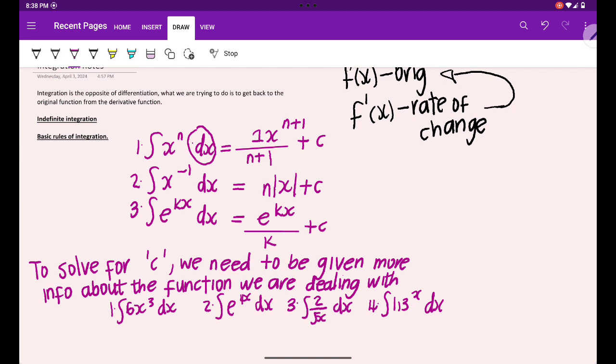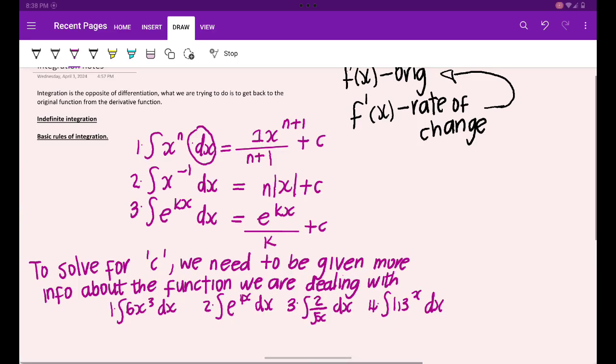But there is an exception for functions that have x to the power of -1, not any other number, but -1. That one has its own rule.